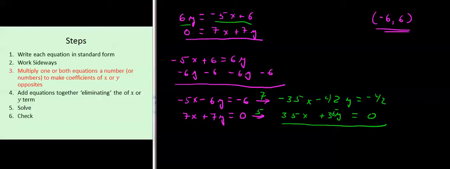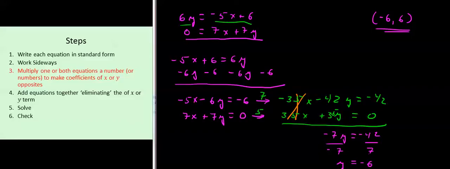I add them together. These will cancel. And I end up with negative 7y equals negative 42. Divide by negative 7. And y equals negative 6.